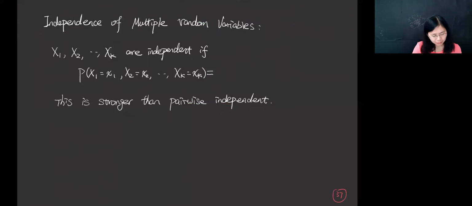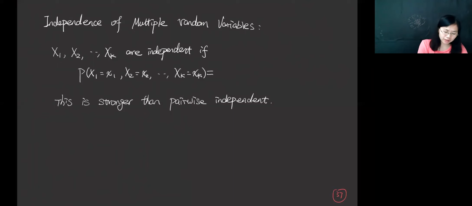The last thing I want to talk about in this video is the independence of multiple random variables. As we said before, the independence of two random variables is defined by the fact that the joint distribution satisfies the product rule. And the definition of independence for more than two random variables is the same.